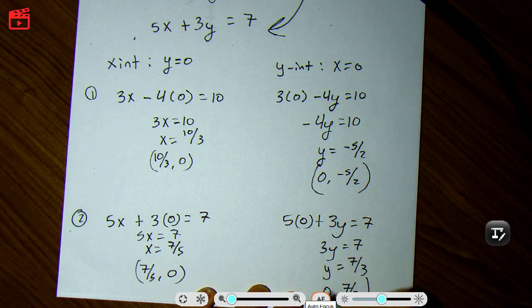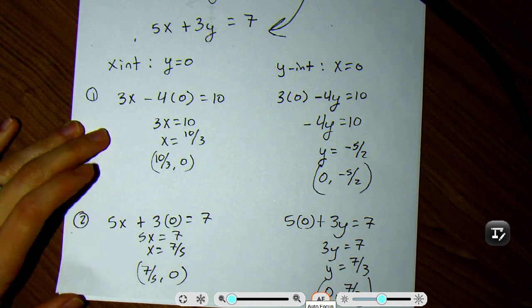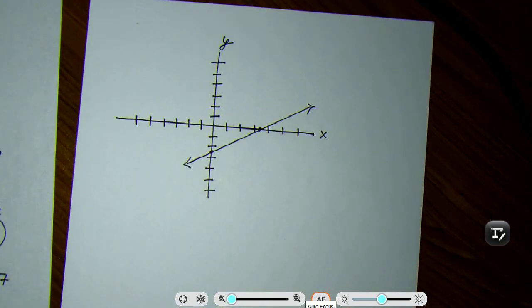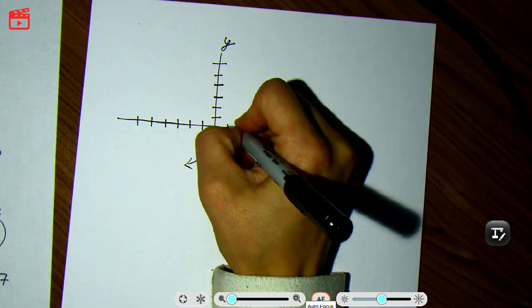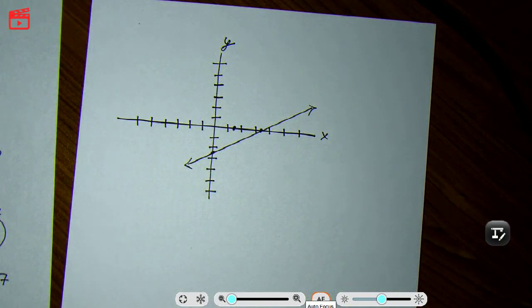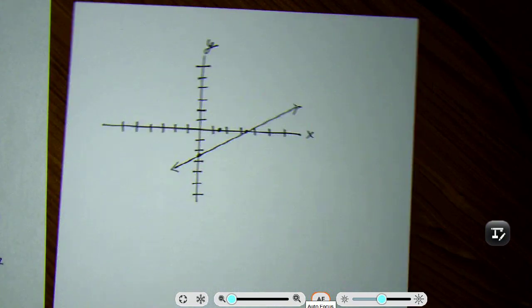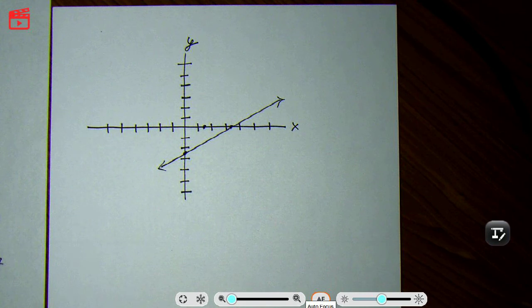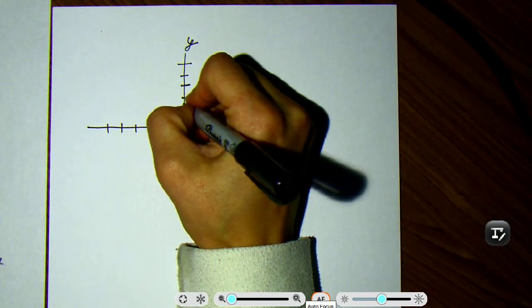Now I'll graph the line of the second equation just by using the coordinates. 7/5 is 1.4, so 1.4, right about there. And 7/3 is my y-intercept, so 7/3 is going to be 2 1/3, right about there.